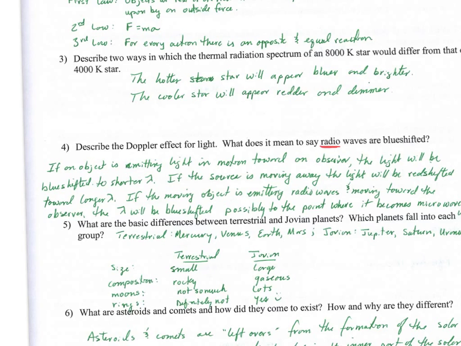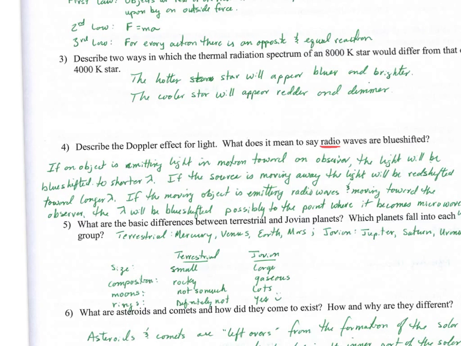And a lot of times you said blue shifted, it must be moving toward me, okay? But one of the things that we know is that if you take radio waves, and if you make radio waves shorter and shorter and shorter, the next would be microwaves. If you take microwaves, apply a blue shift, you can actually shorten them to the point of being infrared. Okay, you shorten those, you can make them visible. So that's kind of where that is.